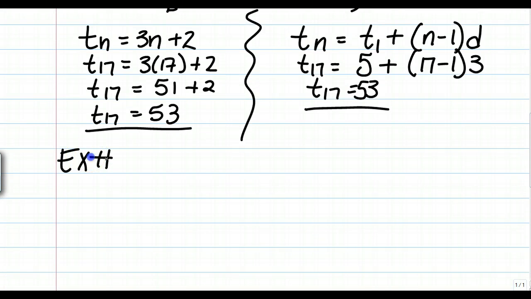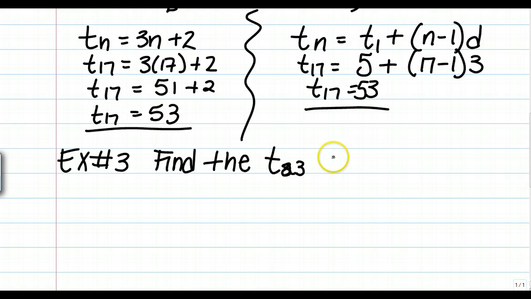Example number 3 says find the 23rd term, and it gives you that T2, that means the second term is 4, T5, that means the fifth term is 22.